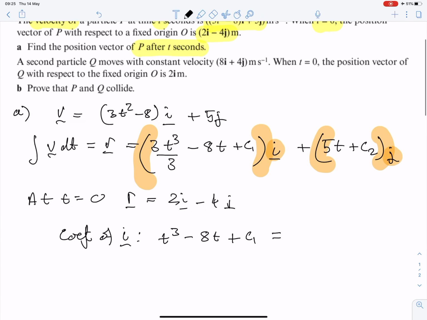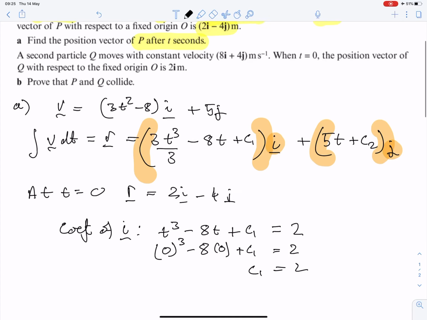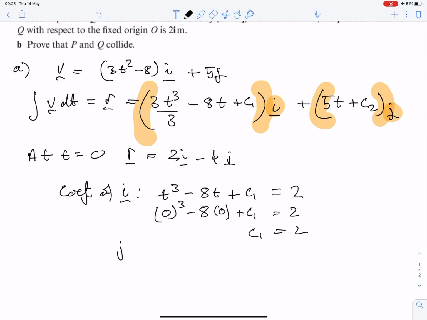No, 2. That's 2, and that was when t equals 0. So actually I should have written 0 cubed minus 8 lots of 0 plus c1 is equal to 2. So c1 equals 2. Look at the j components, and we get 5 lots of 0, substituting t equals 0 in, plus c2 is equal to the minus 4.